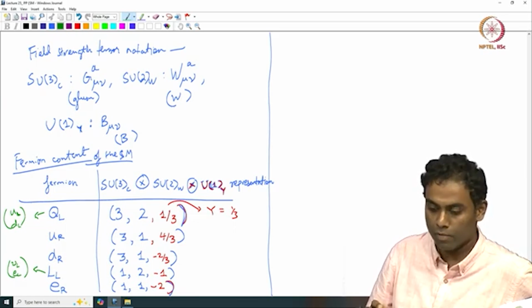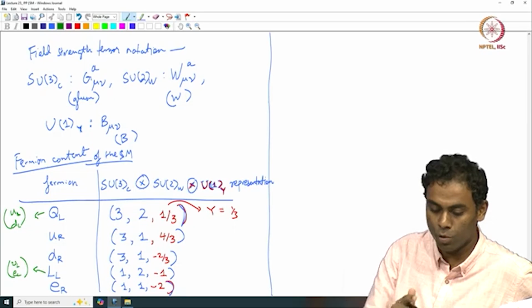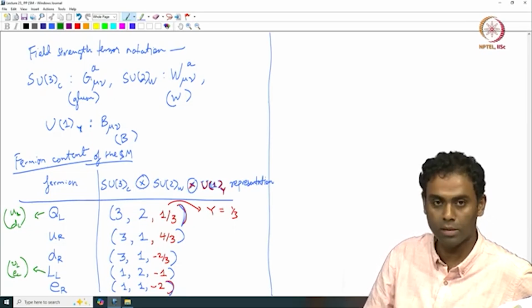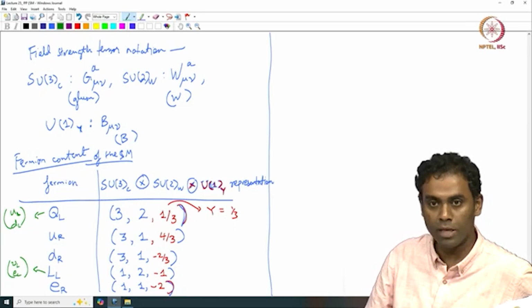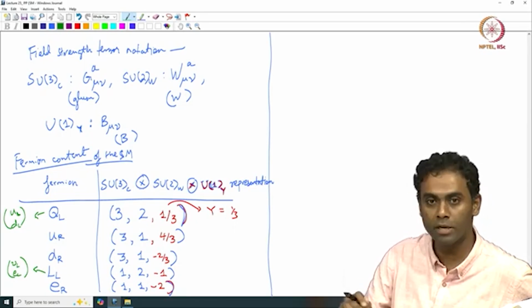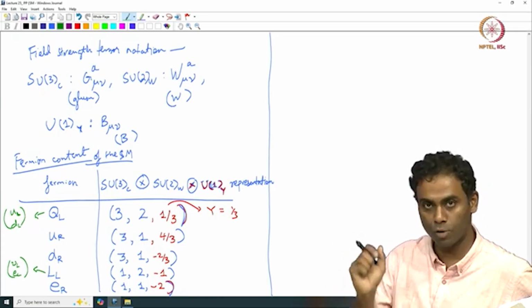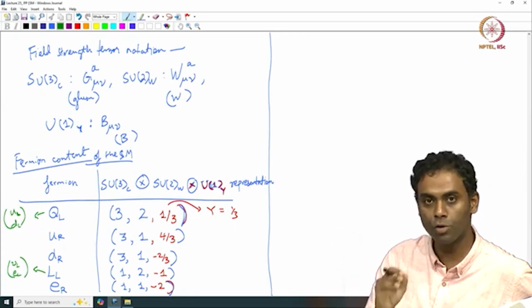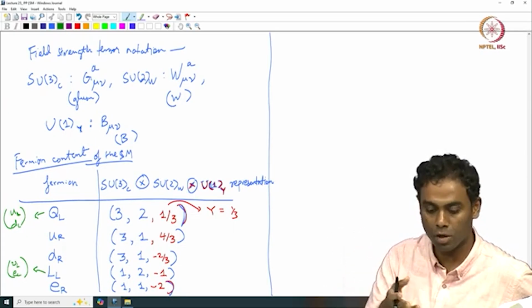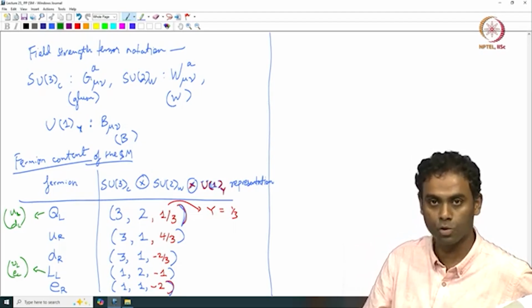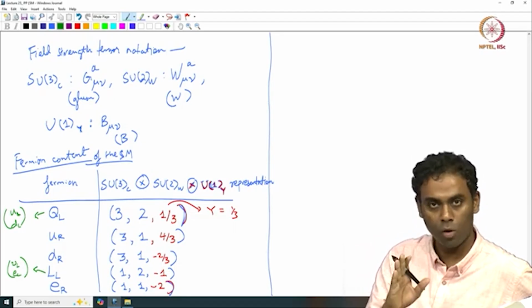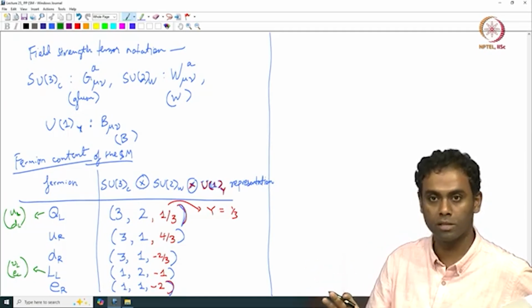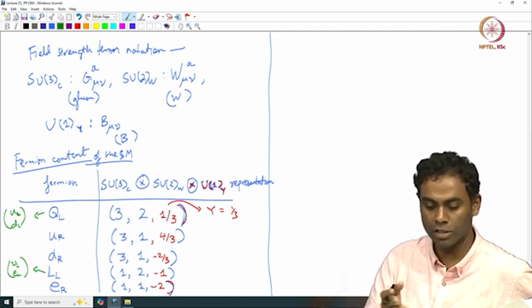Why? Because at this stage you don't yet know what is the composition of QL and LL. This notation only makes sense after you break the symmetry in some way and get electromagnetism out of it. Then I can think of a neutrino without a charge, I can think of the up and down quark making up the capital Q and so on. But right now, all you need to know is that this is a doublet under SU2, that's it.